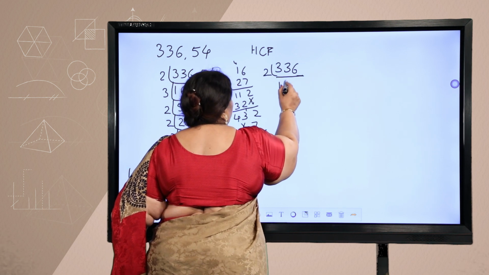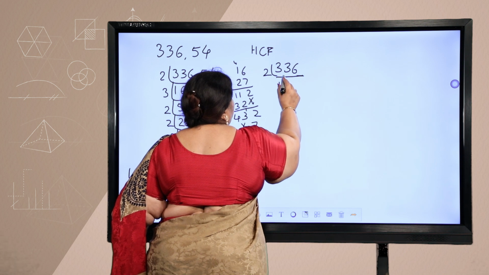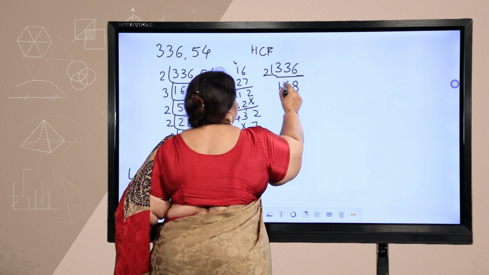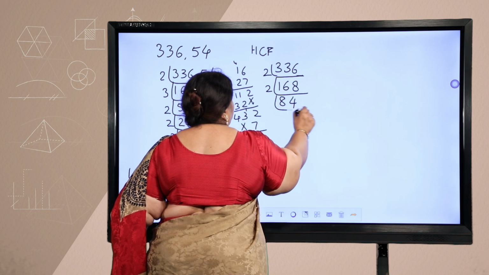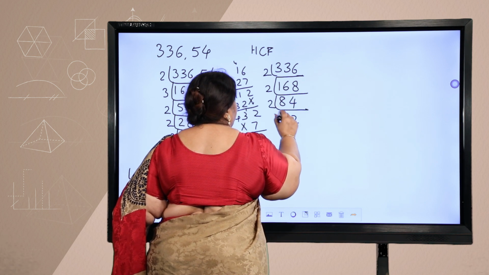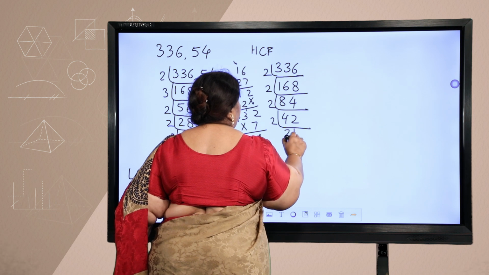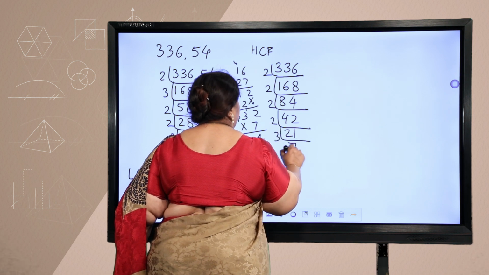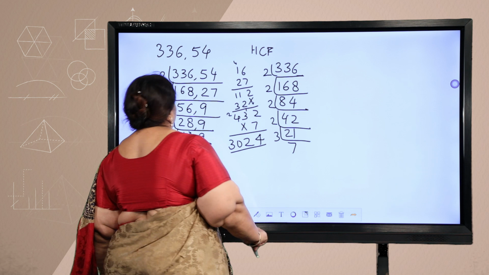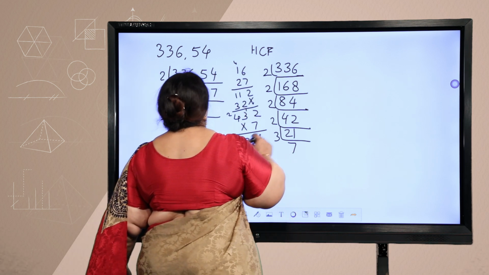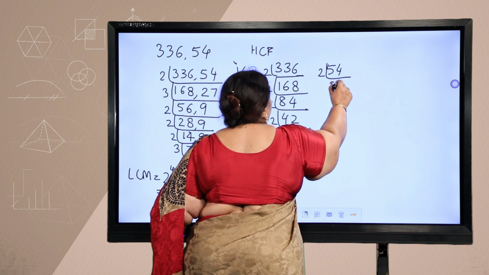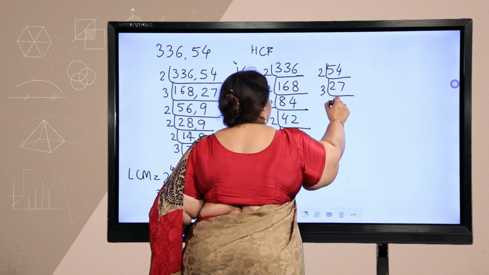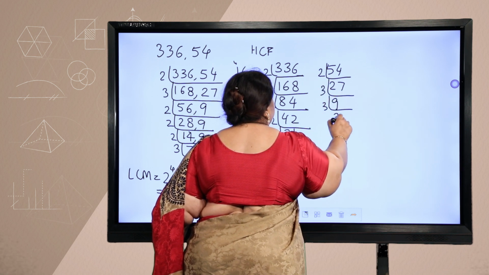2 1s are 2, 2 6s are 12 and 2 8s are 16, 2 8s are 16 and 4, 2 42s are, 2 21s are and 3 7s are. Likewise, I have 54 here, 2 27s are, 3 9s are and 3 3s are.